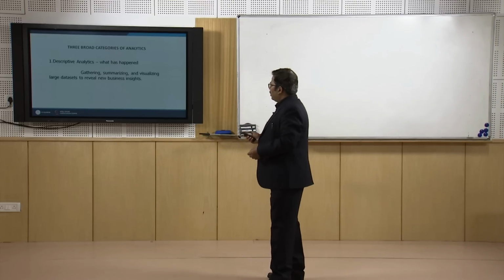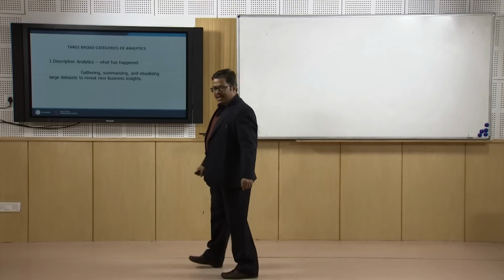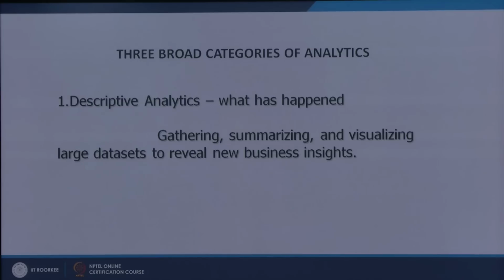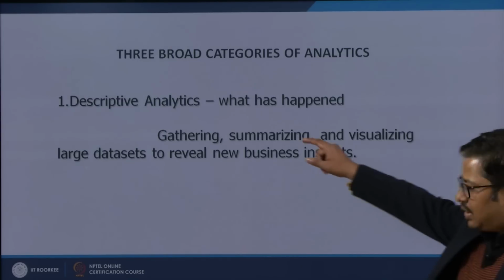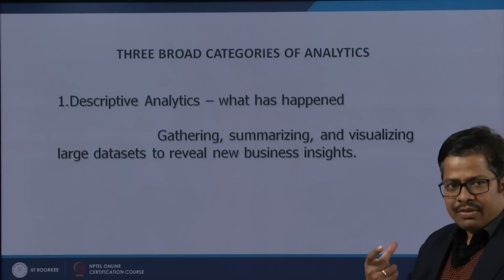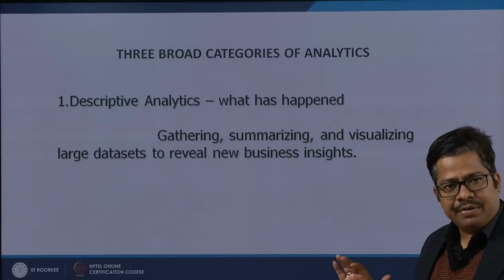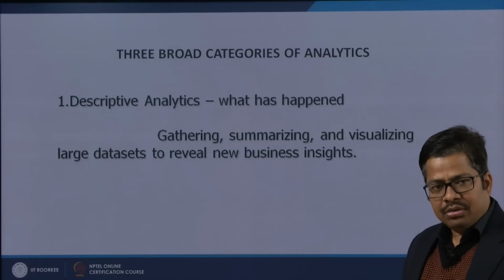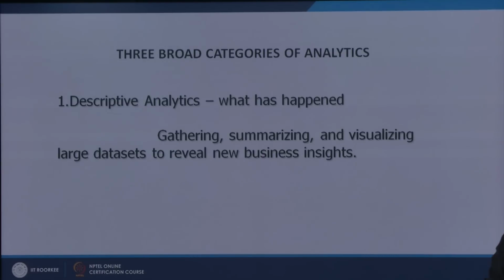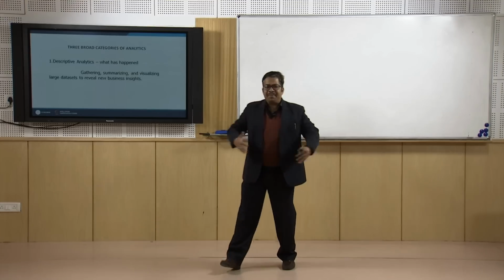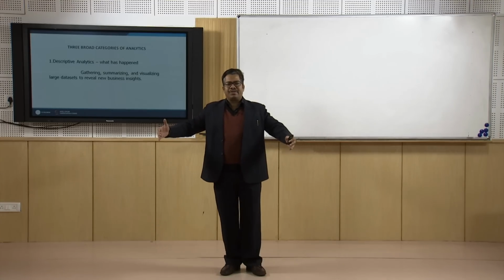Now, descriptive analytics is the first type of analytics we know. The one line answer for descriptive analytics is: what has happened. To know what has happened, that is descriptive analysis. You are describing a particular situation.